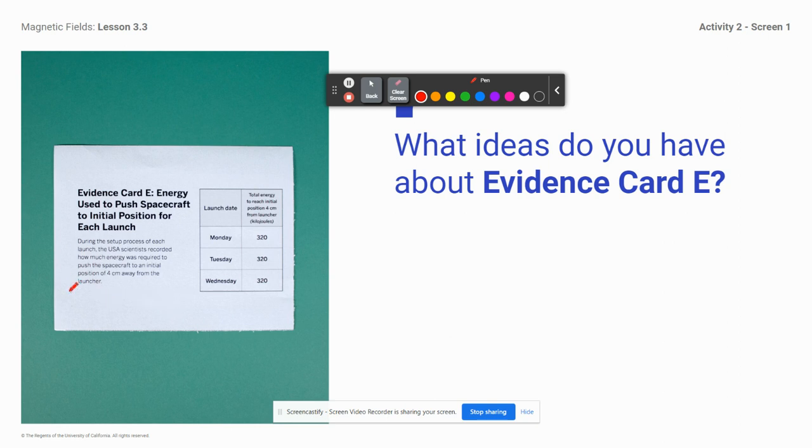And so it wasn't that on Monday they had weaker magnets and Wednesday they had stronger. So we're actually going to write on our card, we're going to say refutes 3A. So you can write that on your card as well.